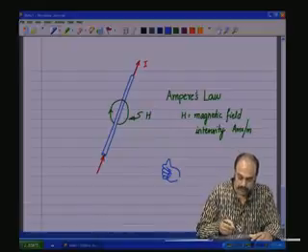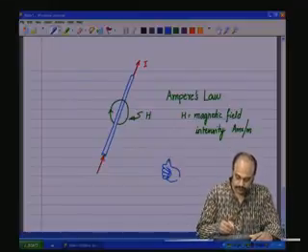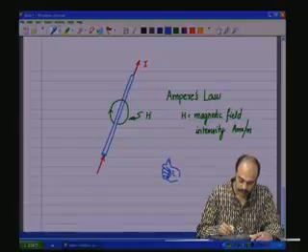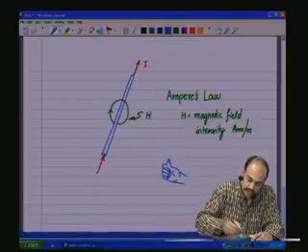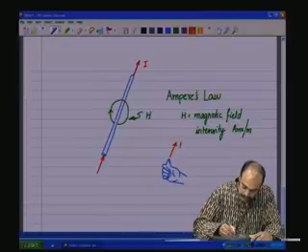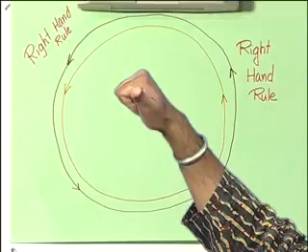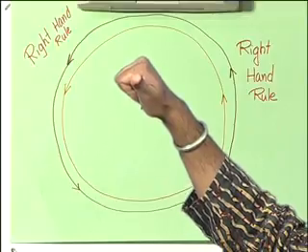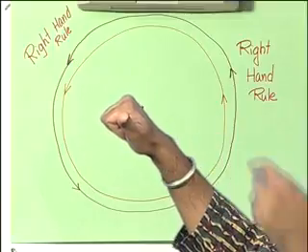Okay, so we have the right hand, we have the thumb, so is the wrist. Now let the thumb point in the direction of the current. Assume that a current is flowing out of the picture towards the camera.